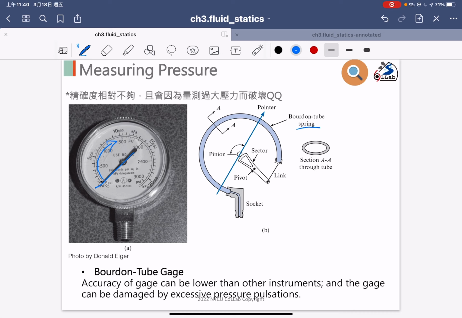But for this device, it's not convenient because it can only measure very low pressure. If the pressure is relatively high, you cannot use the device to measure the pressure. So I don't suggest this, okay?